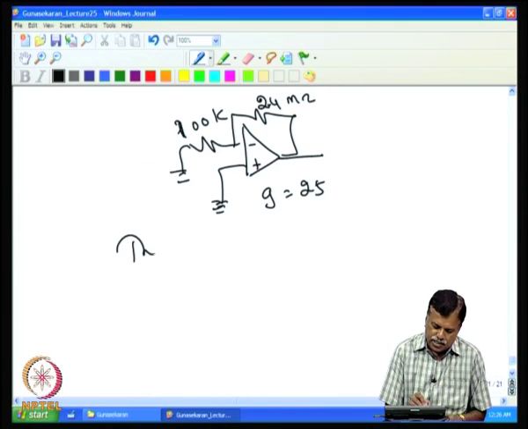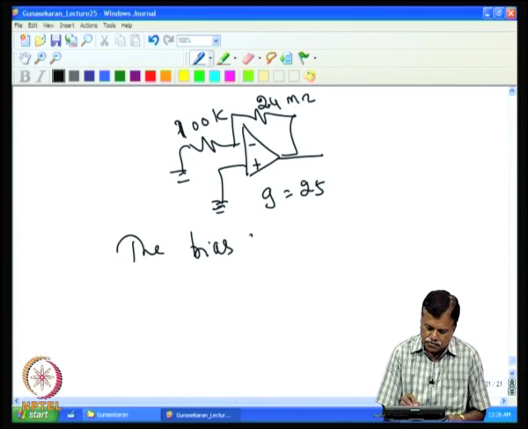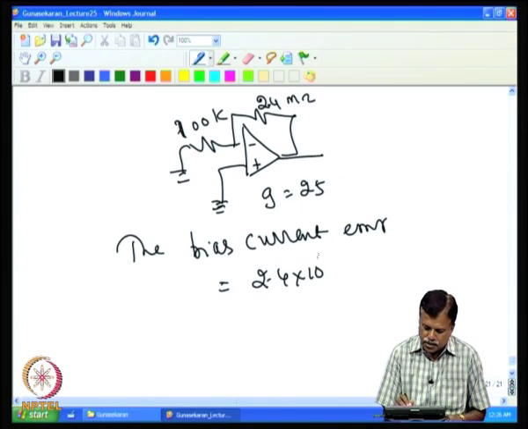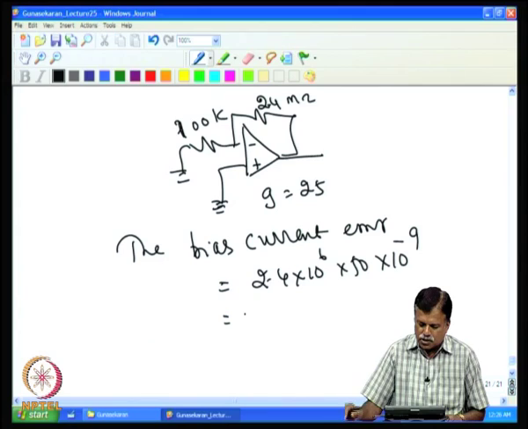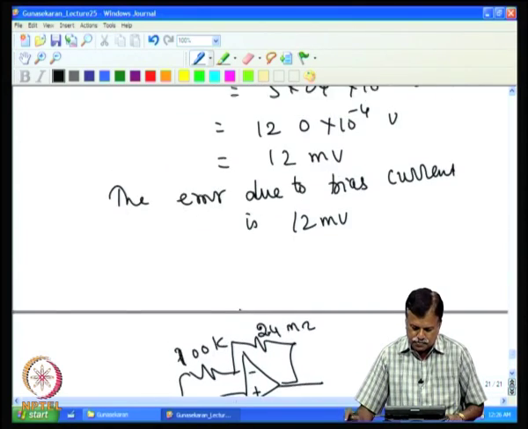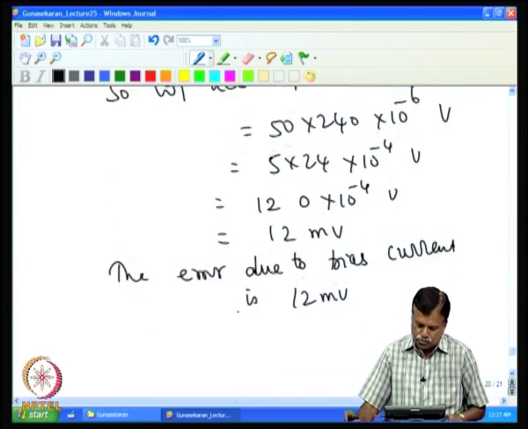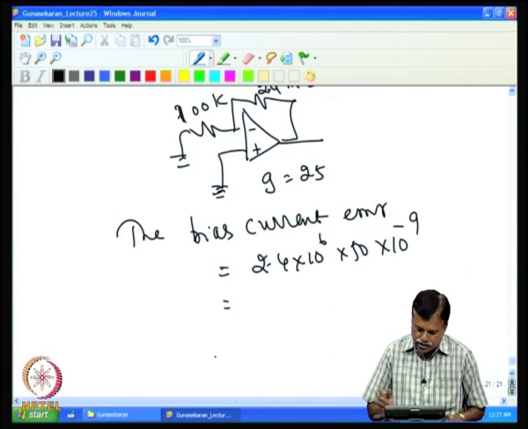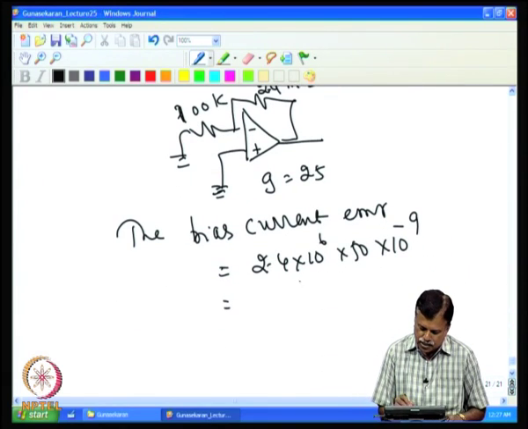Now the bias current error becomes 2.4 meg into 50 nanoampere, which if you work out, you will get 24 into 5 into 10 power minus 3, that comes to 120 millivolt.